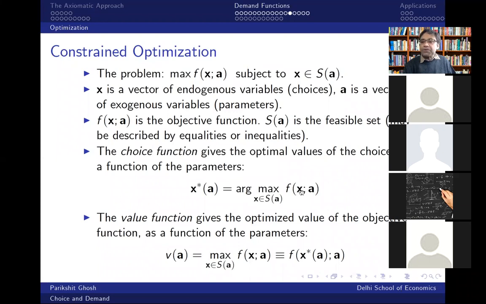X is the argument of the function. X is the variable which is sitting inside the function. So what is the value of x which will maximize the function subject to constraints, etc.? That is what is called argmax. So the distinction between max and argmax is that argmax is what is inside that will give us the optimum, and max is the optimum value of the function itself. Is that clear? All right.